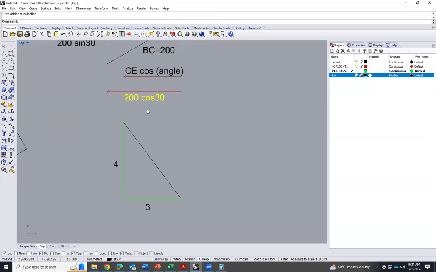Well, we know that the tangent of this angle is, no, it's 4 divided by 3. Okay, so the tangent, by definition, is the vertical component divided by the horizontal component.